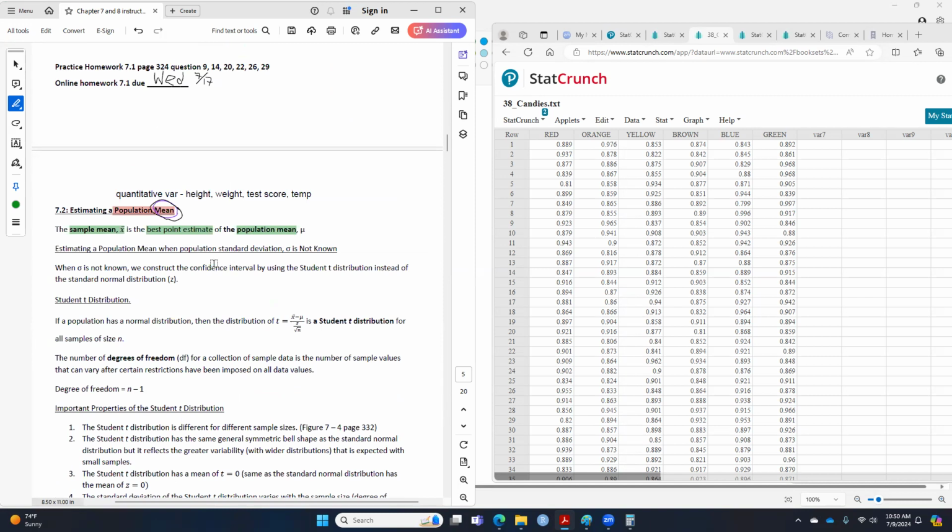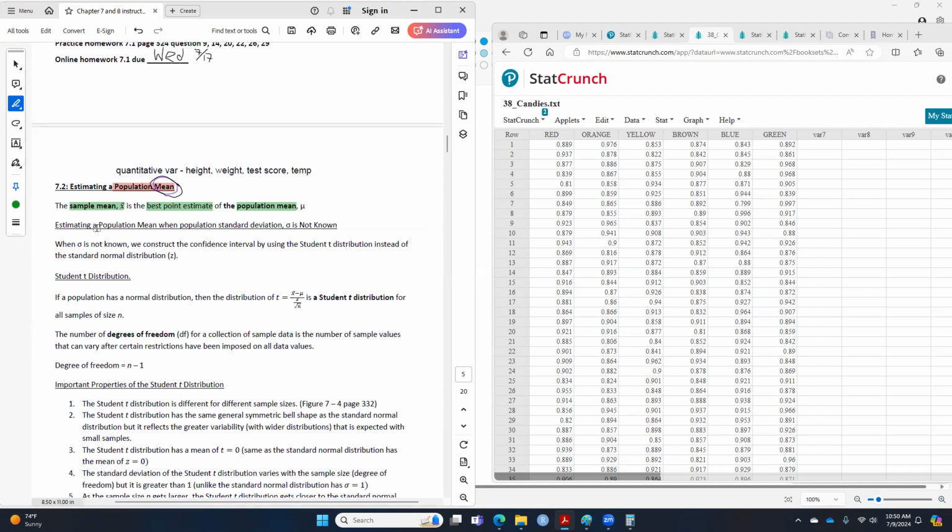Now in this section, we are doing how we find the confidence interval for the population mean, where the population standard deviation is not known. Sigma, which is called the population standard deviation, is not known to us. Usually if sigma is not known, that means S is known.